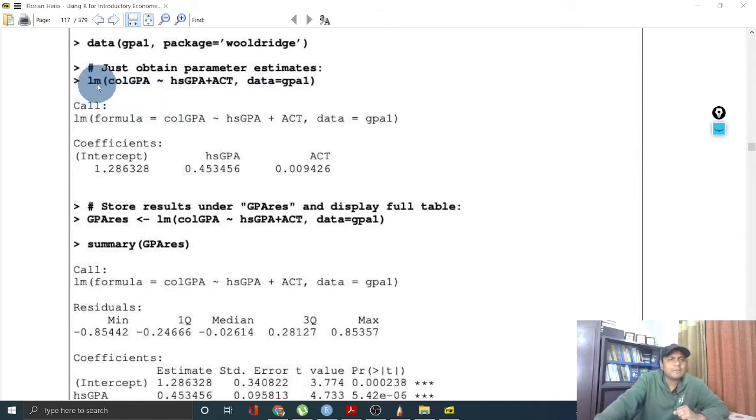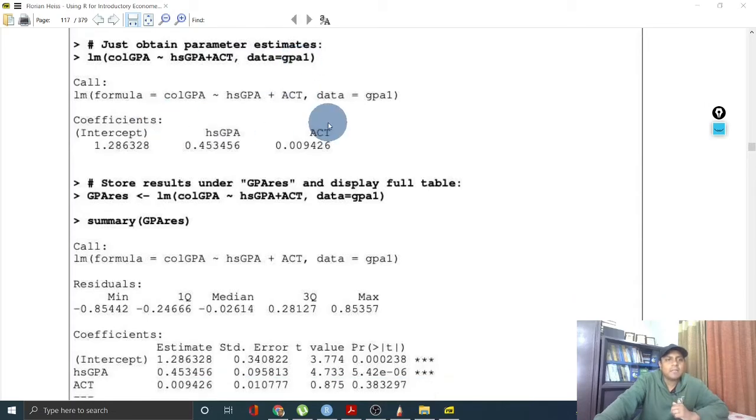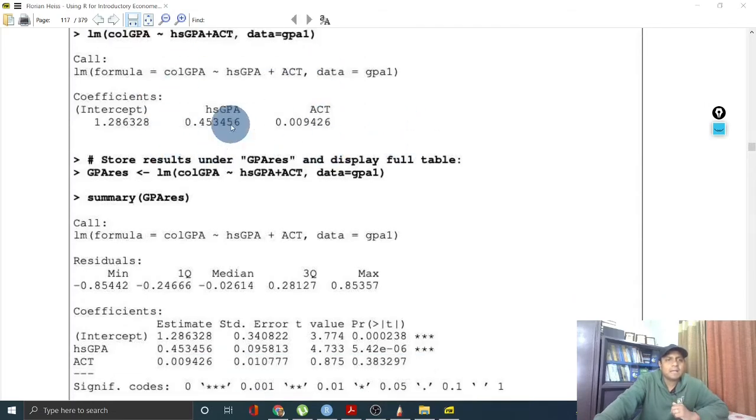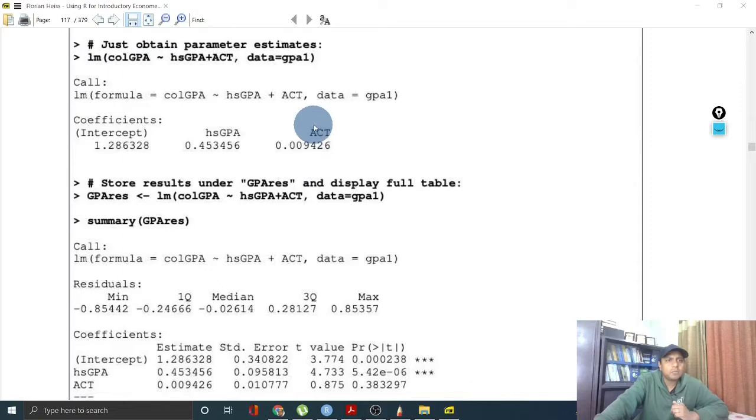Now here it gives you the lm command to run the regression using college GPA as the dependent variable, and then you have high school GPA and the SAT score as your independent variables, and then you have your data set, and this is how it gives you the results. You see the relationships are positive, the coefficients and intercept are all positive, so we can understand that college GPA is positively related to your high school GPA as well as your SAT score.